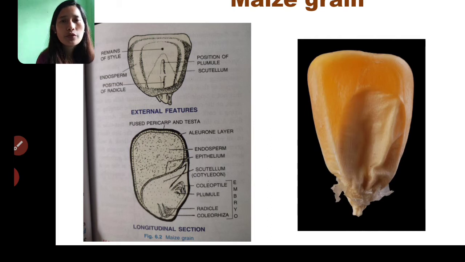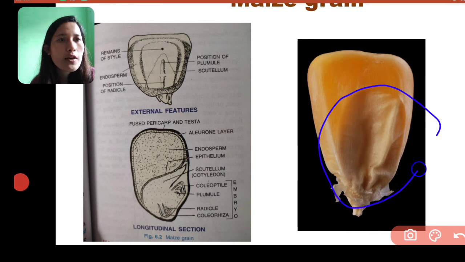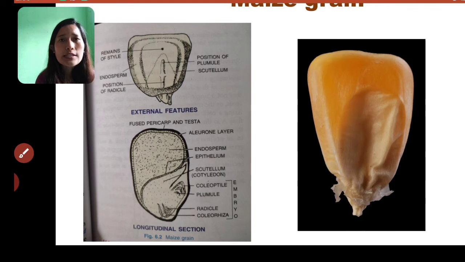So most of the seed portion is covered by your endosperm. Now look at the maize seed given alongside. You can see this oval scar here, the region where your embryo is seated, and the other region is covered by the endosperm. Those were the external structures.